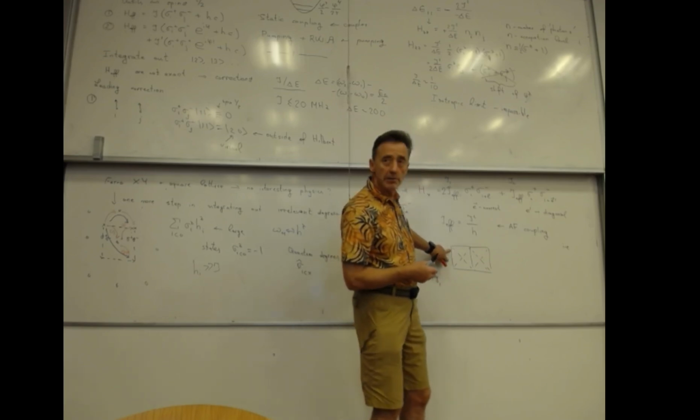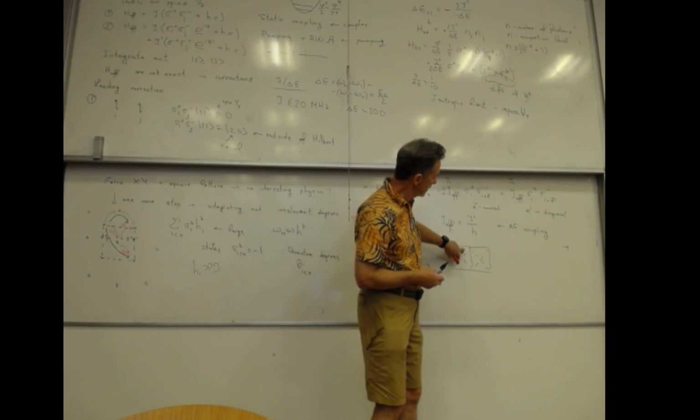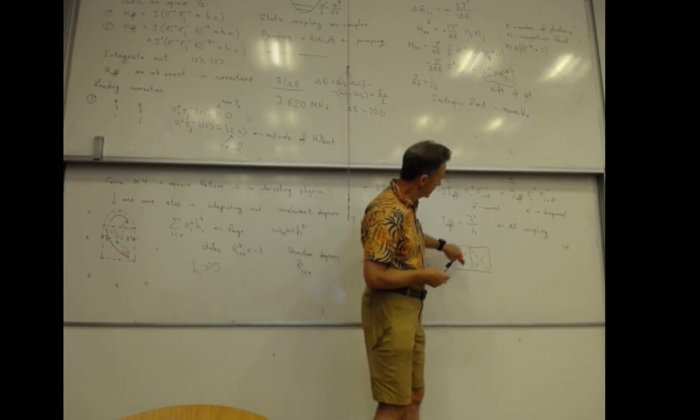If you have very strong coupling between the diagonals, you form antiferromagnet on these sublattices.